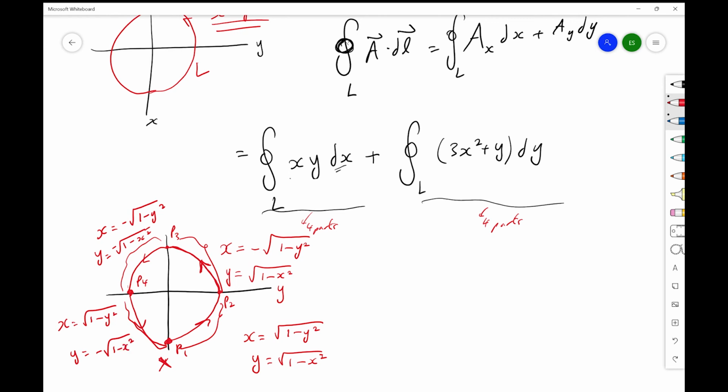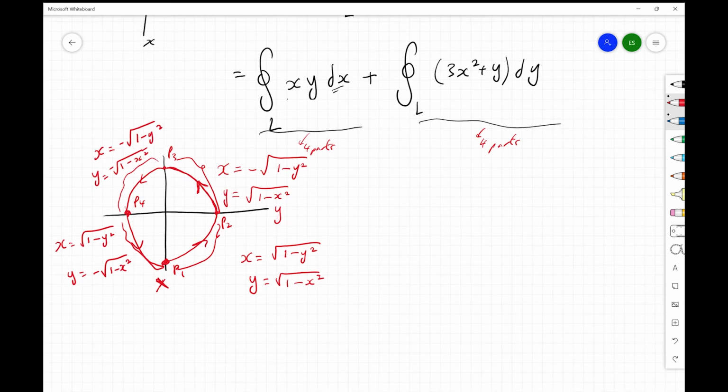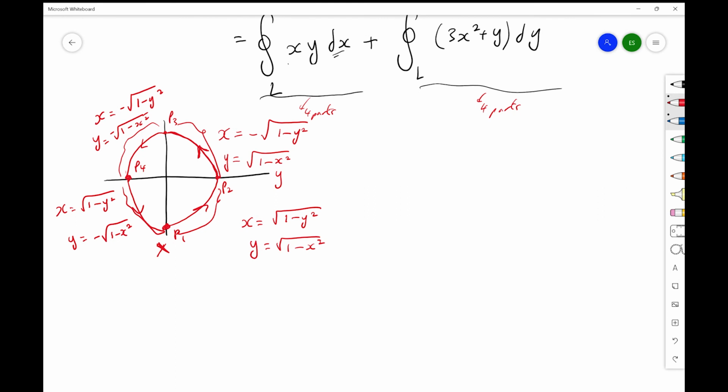Right? So this allows us to write x and y as functions of the other coordinate for each arc. And this allows us now to carry the integration easily here. Okay. So let me go back to black.